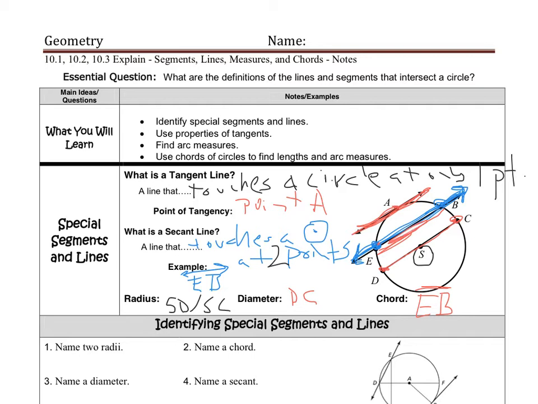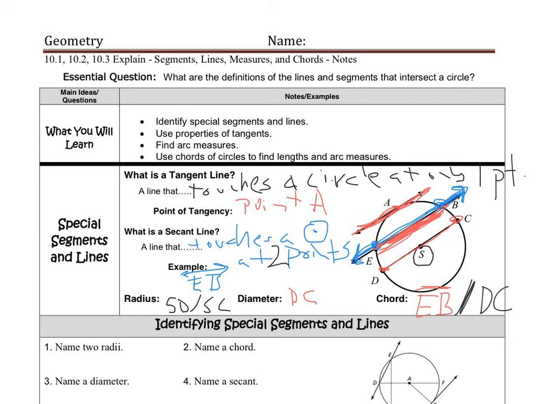I'm just talking about this distance in red that I've highlighted. I'm not going outside the circle. So a secant line and a chord are similar. The difference is that if it's a chord, it has a starting point and end point, and it doesn't go outside those points. Also, you have one other chord here, your diameter.